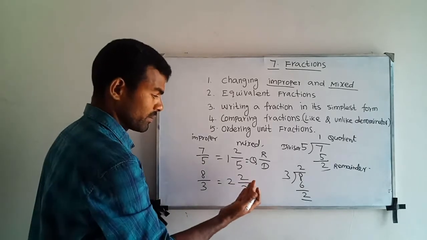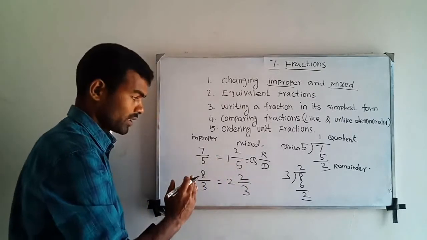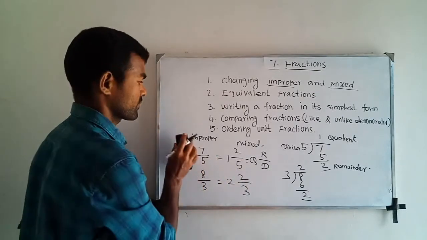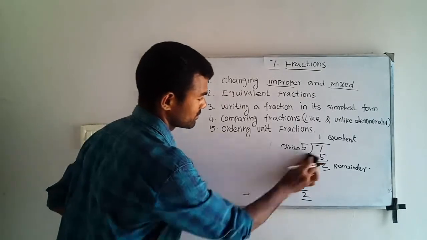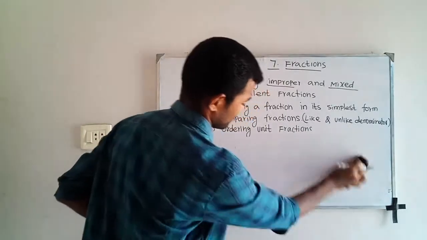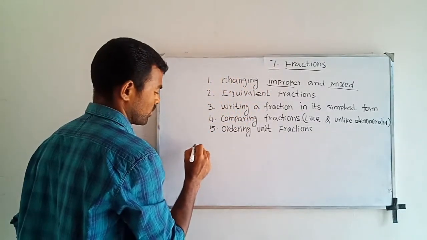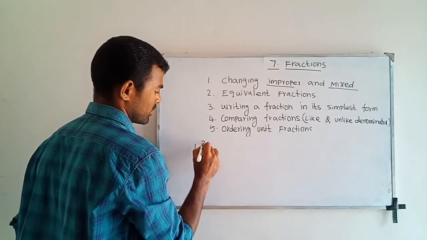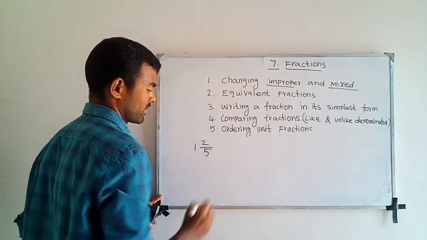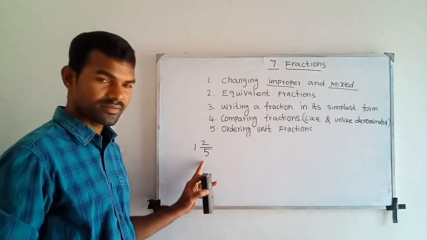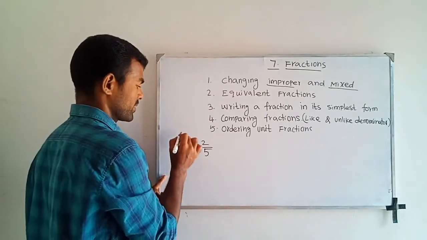Next let us see the opposite. Changing a mixed number into an improper fraction. How to change? See the concept. Now we will take the number 1 and 2 by 5. This is a mixed number.